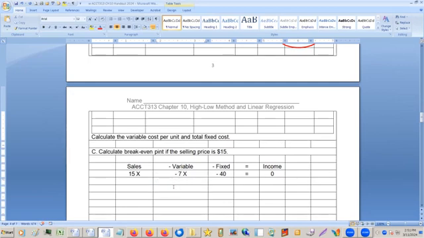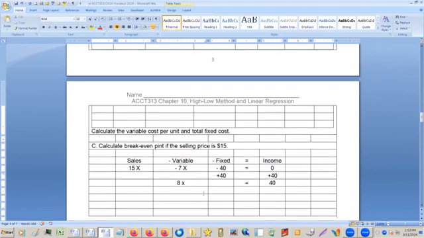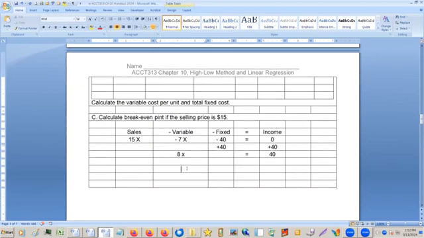Okay, so 15 minus 7 is 8x. And we add 40 to each side. So 8x equals 40. Divide both sides by 8.